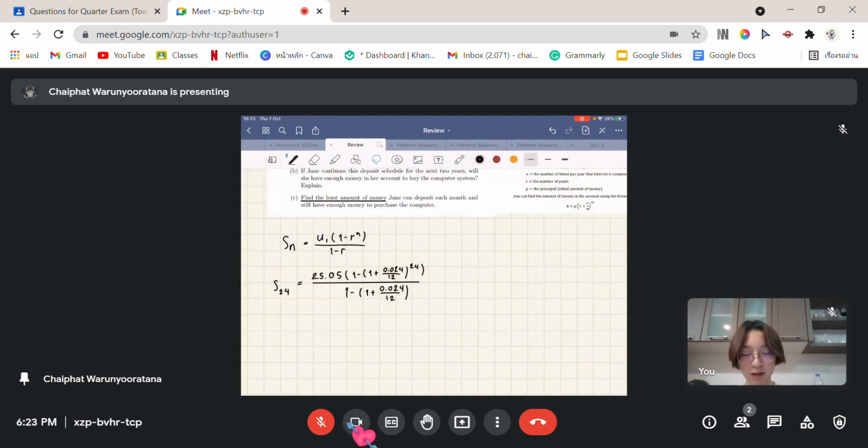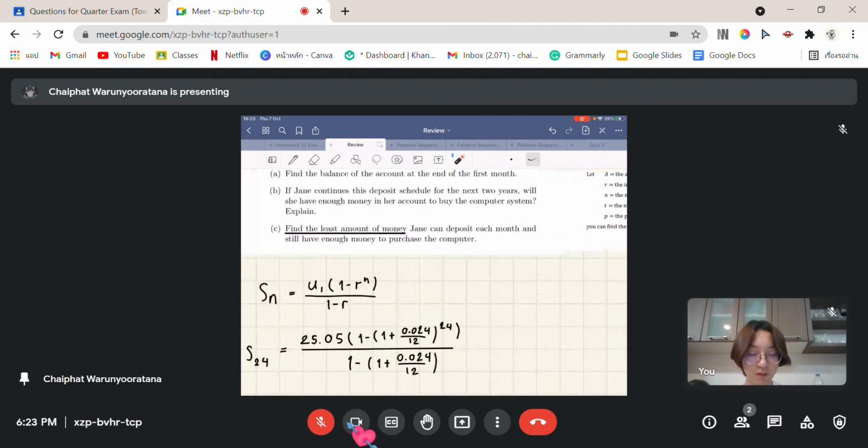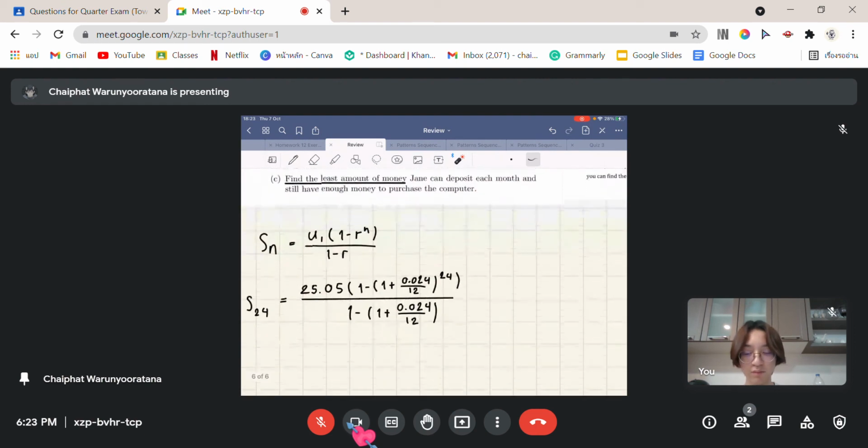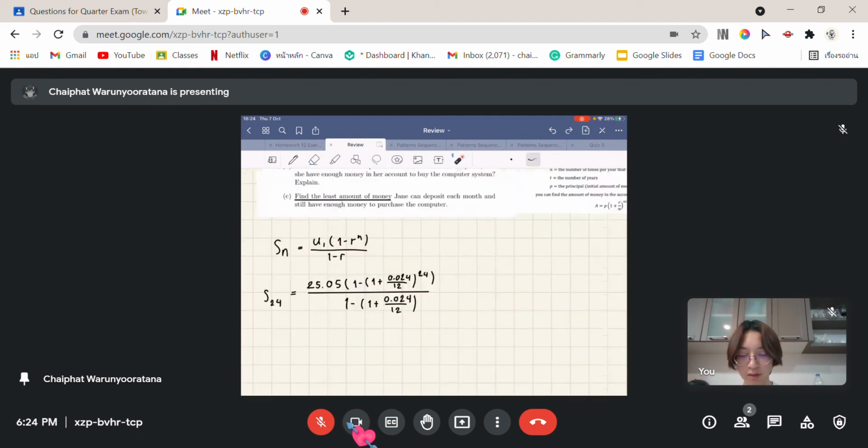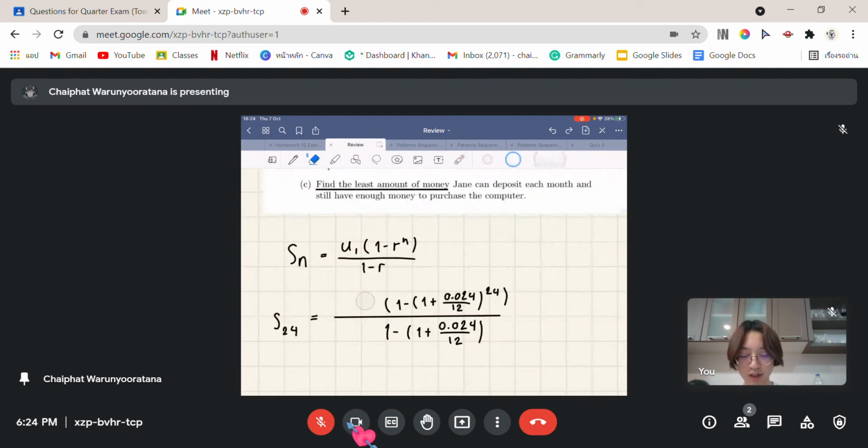Okay, now it's going to be S24 because after 2 years, n will be equal to 24 months, meaning that she will deposit for 24 times. However, 25 is not going to be enough. So therefore our U1 is going to change.